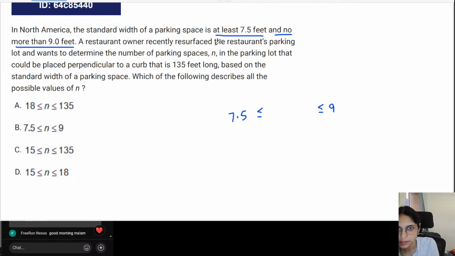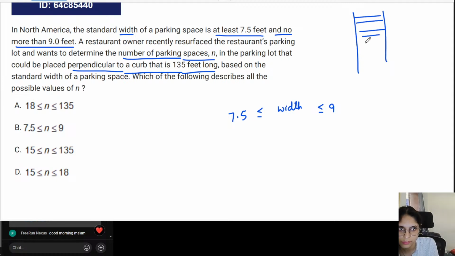A restaurant owner recently resurfaced the restaurant's parking lot and wants to determine the number of parking spaces in the parking lot that could be placed perpendicular to a curb that is 135 feet long, based on the standard width of a parking space.